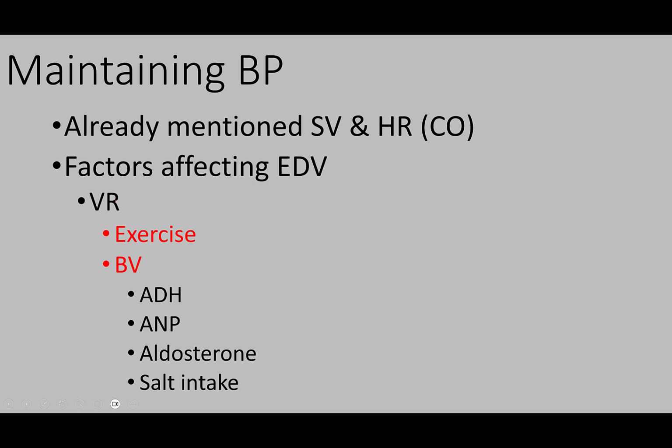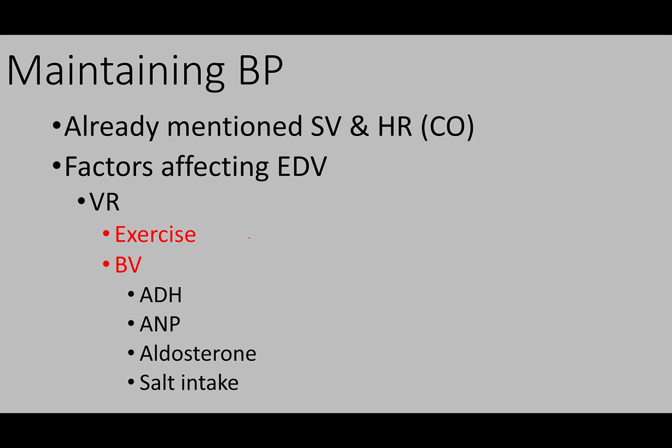So another thing that can affect venous return is blood volume. Well, if you think about what it's saying, the volume of blood in your body, the amount of blood in your body, impacts how much blood is coming back to your heart. Another way that I say that is, if you have more blood in your body, more blood will come back to your heart.